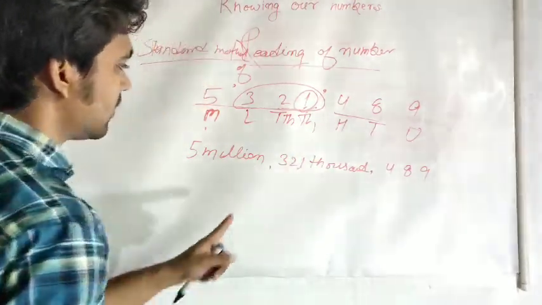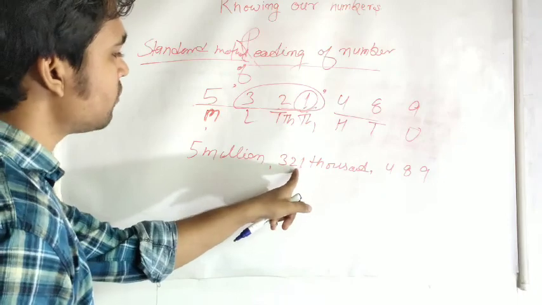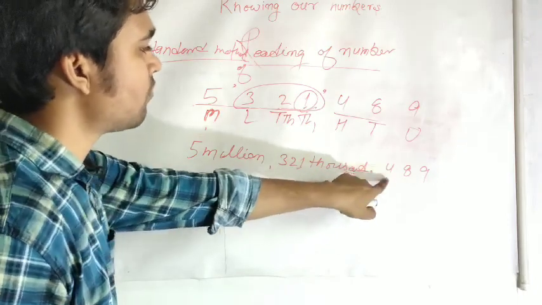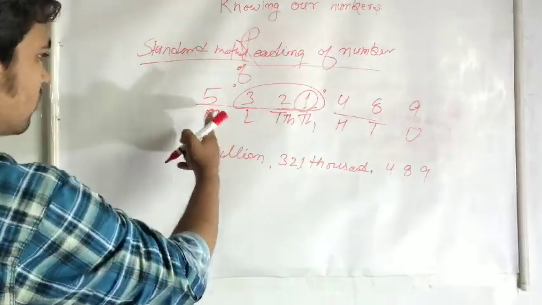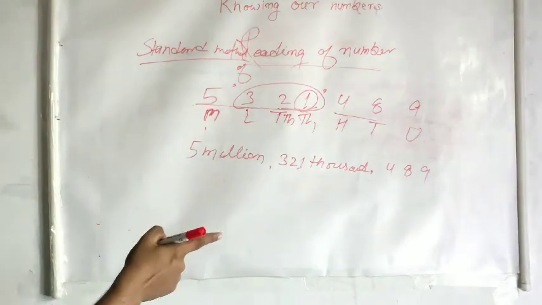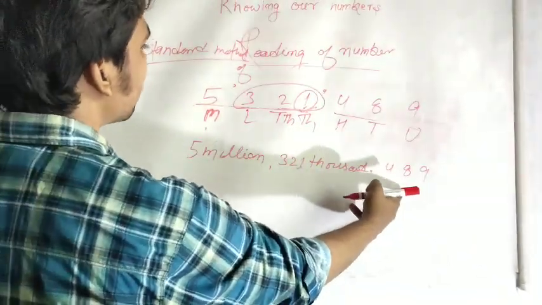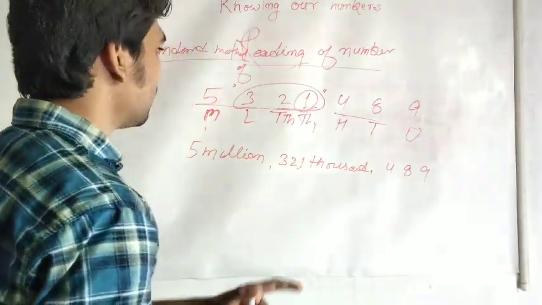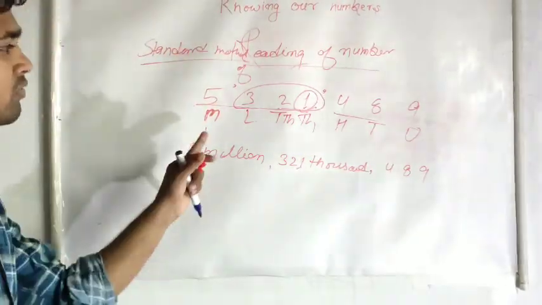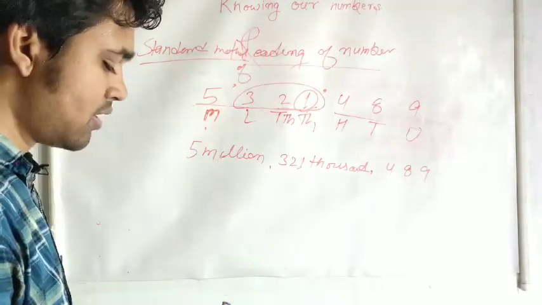So here the number is 321,489. So we will read this number in the international method as 5,321,489. So I hope you understand the number.